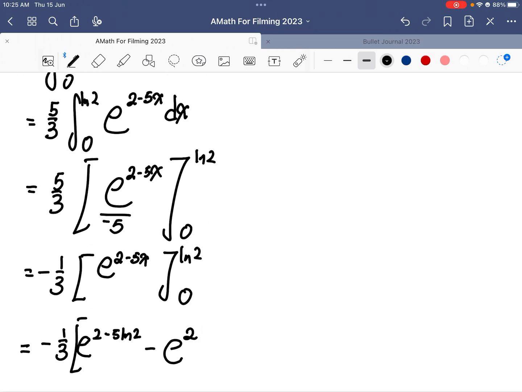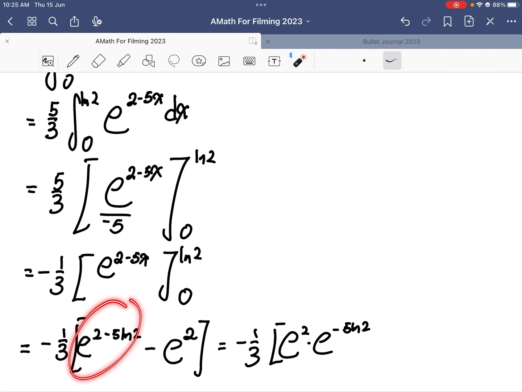Alright, if you want to further simplify this, what I can do is negative 1/3. Inside my brackets, I have e squared times e to the power of negative 5 ln 2, just applying the laws of indices here, minus e squared.